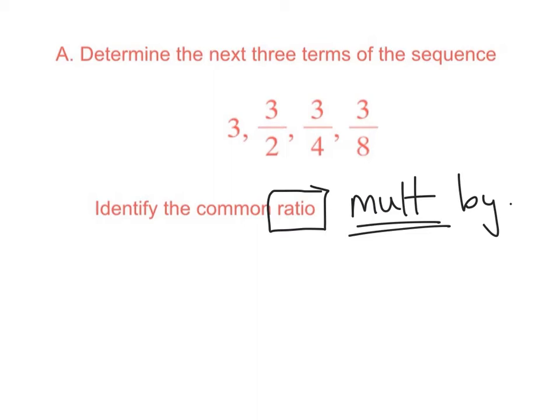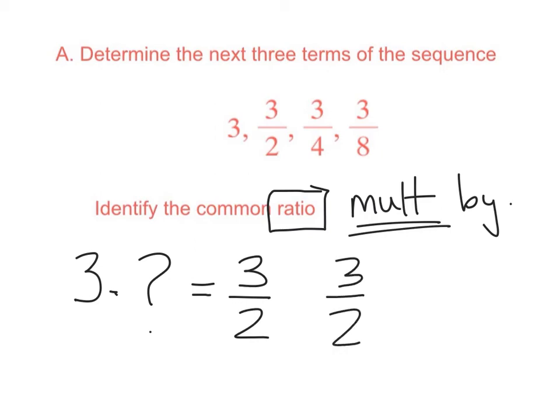So I'm saying to myself, 3 times what is going to get me 3/2? Or 3/2 times what is going to get me 3/4? And common meaning they have to be the exact same thing. A lot of people jump to dividing right off the bat, which is okay, but we have to make sure our answer is actually something we're multiplying by.